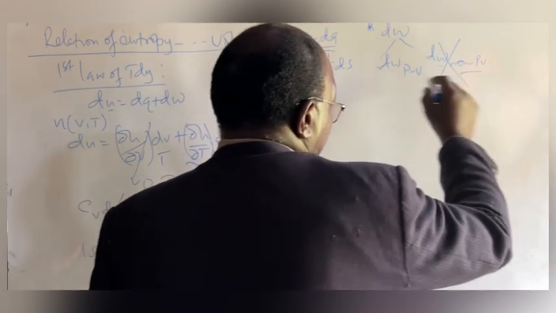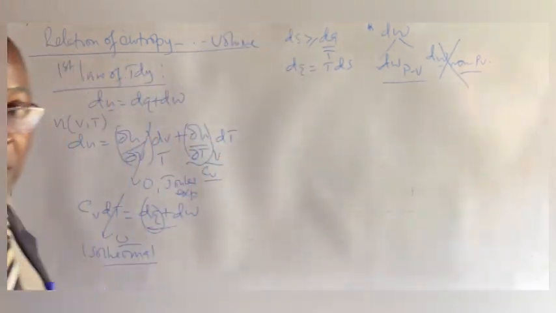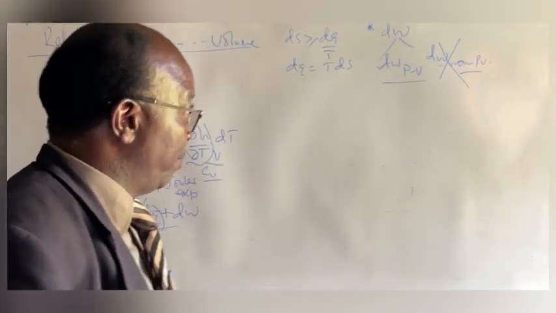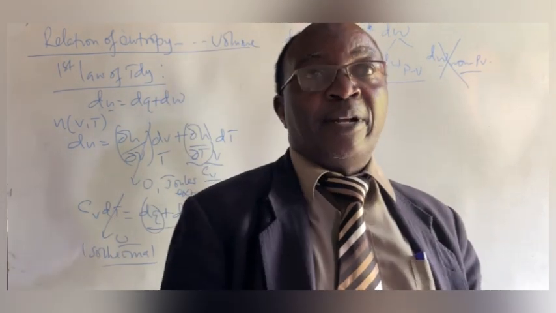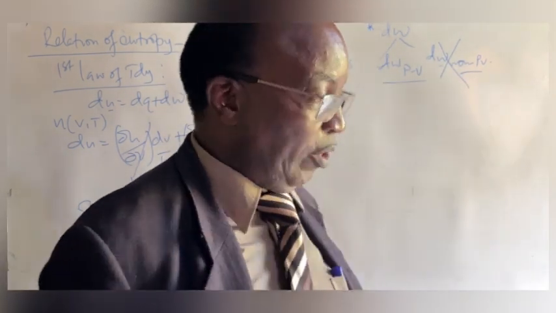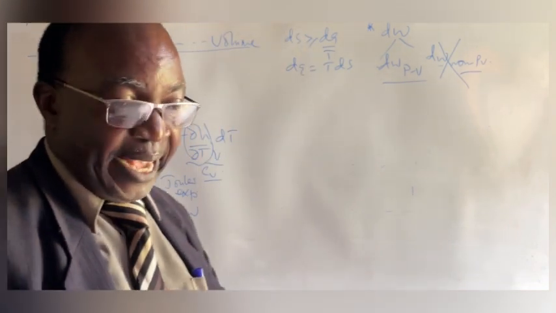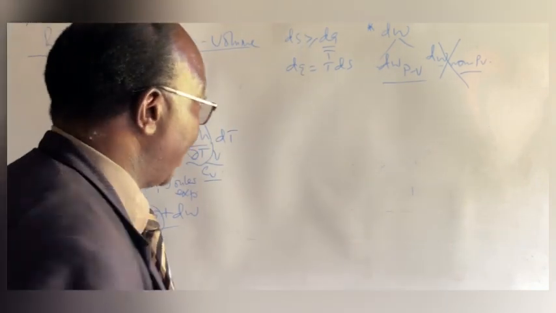We always want to deal with the pressure volume work. But if you have to deal with non-PV work, then just get the expression for work for that particular system. If it's electrical work, you get the expression in terms of the current, time, and potential, and so forth.